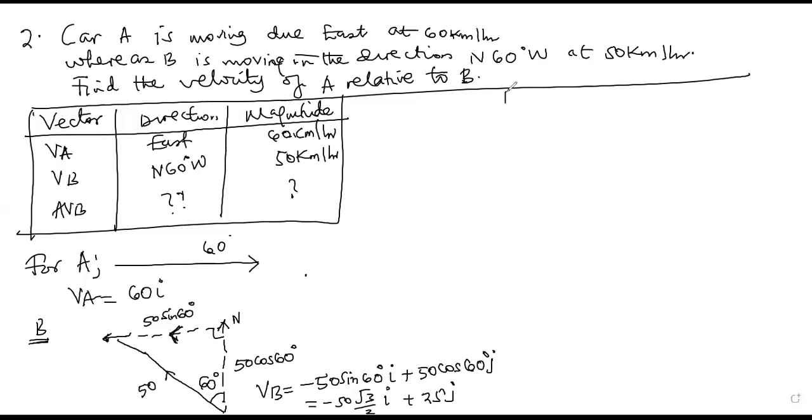Or else, one would have drawn this like this, okay? You have your north line. This would be 50, you measure 60 degrees. This would be 60 degrees.